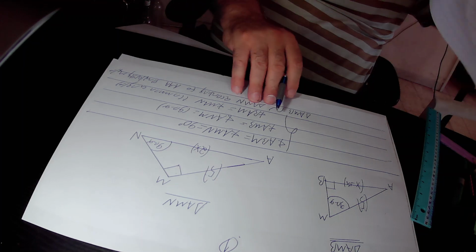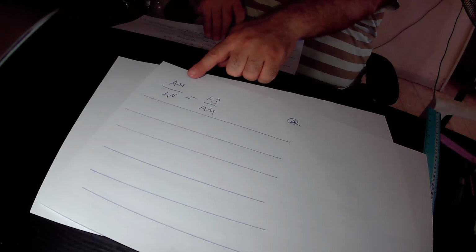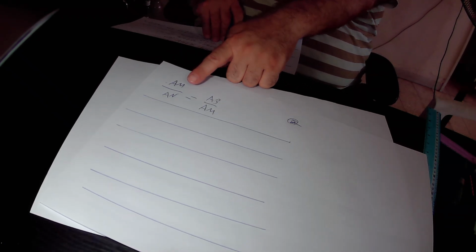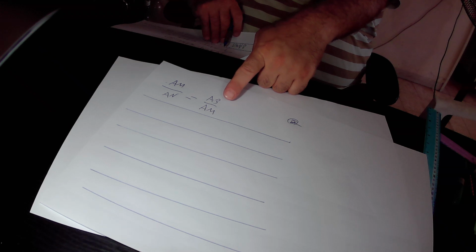So repeat again. We derive that side AM of the right triangle AMB over side AN of the right triangle AMN equals side AB of the right triangle AMB over side AM of the right triangle AMN.